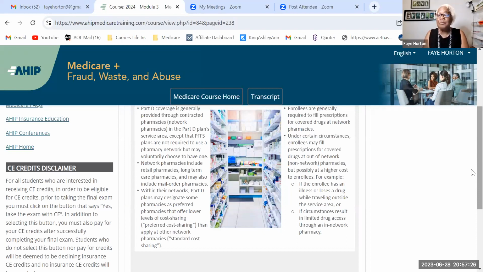The plan benefits because they're getting drugs through that particular pharmacy chain at lower pricing. The member or beneficiary is getting lower pricing, so there's less out of pocket overall cost for them, particularly when they're paying a percentage.